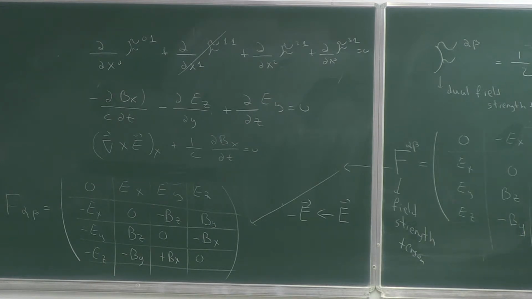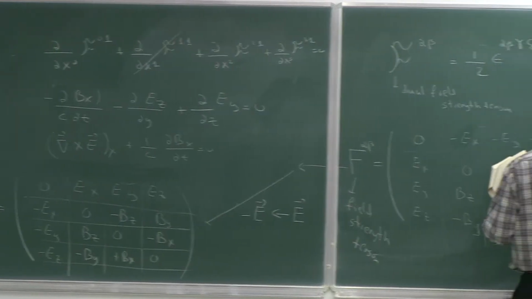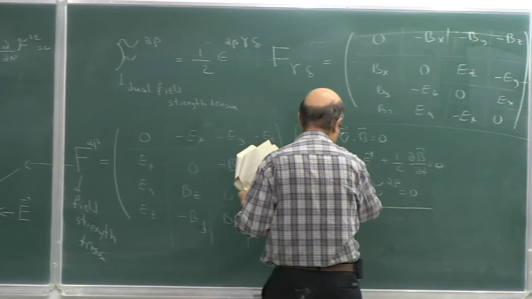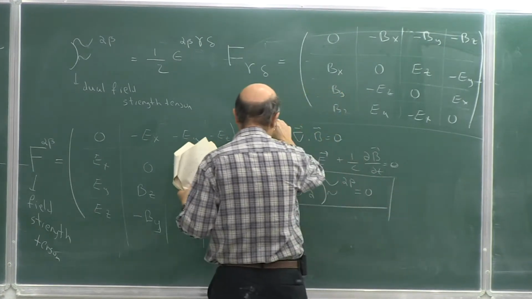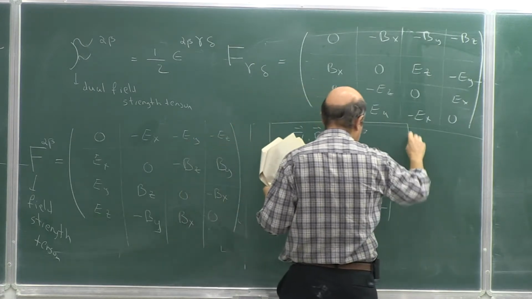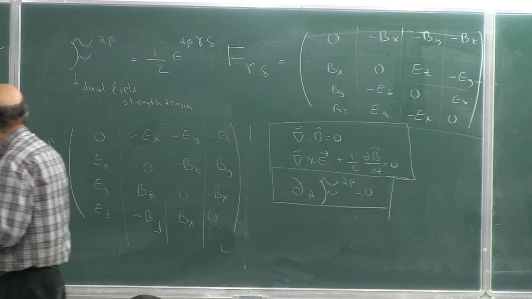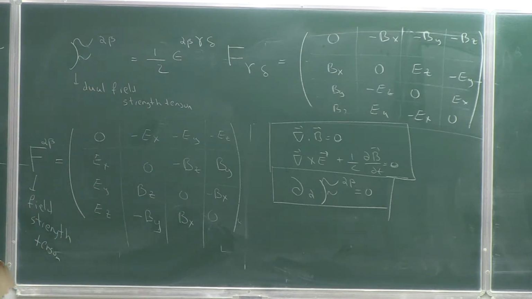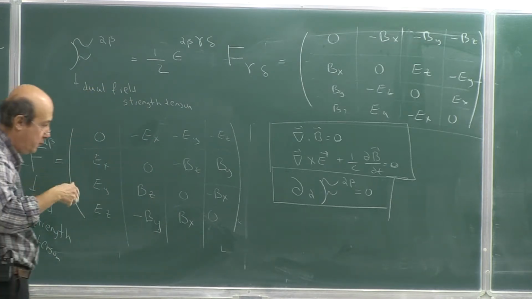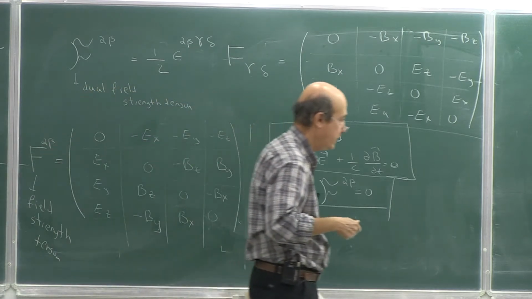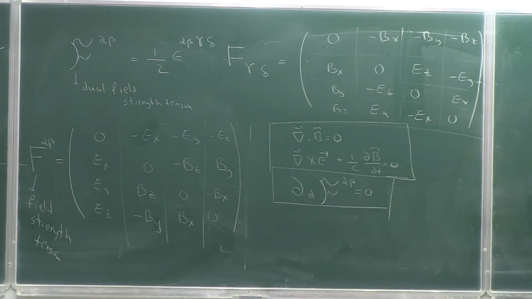So we have another equation that is the covariant form of the homogeneous Maxwell's equations. And this is the same in all frames. So as you see, we are building up the covariant form of the electrodynamics using the field strength tensor and dual field strength tensor.